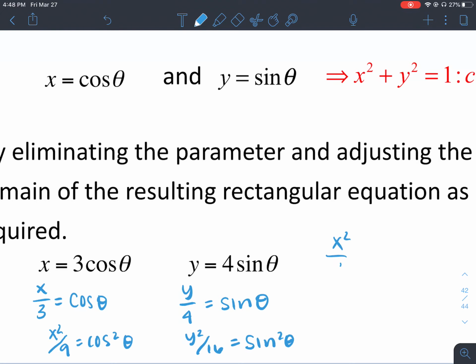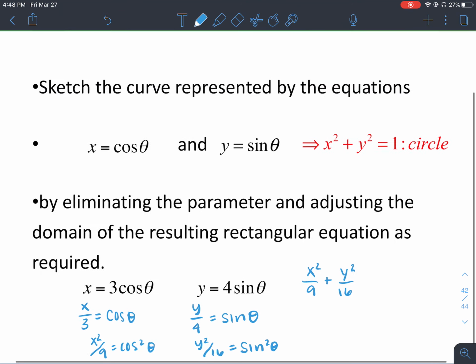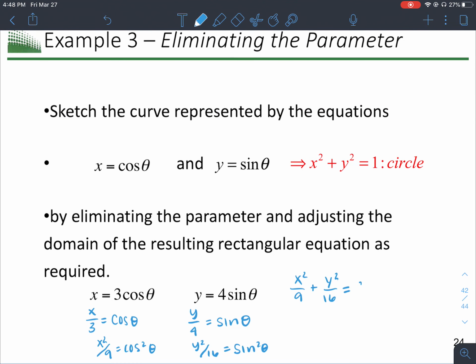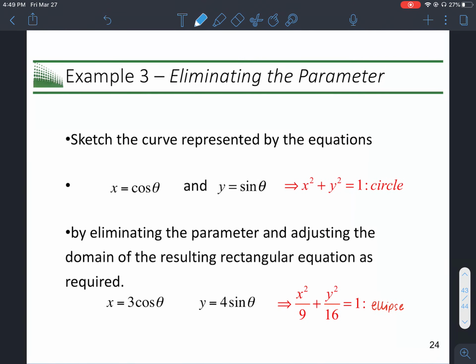Well, that's going to give me x squared over 9 plus y squared over 16 equal to cosine squared theta plus sine squared theta, or x squared over 9 plus y squared over 16 equals 1, which, while it's not a circle, is a conic section that we know how to deal with.